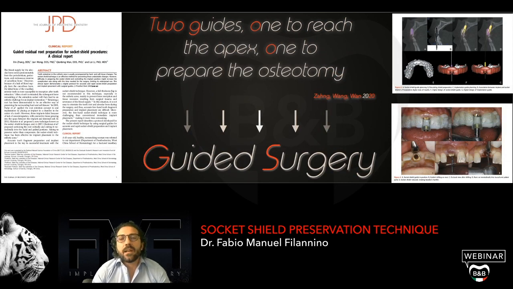One important thing to say, to avoid all the complications that we can have during this technique, is guided surgery. In this article of 2020, we can see that we can actually use two surgical guides. One is to reach the apex and maybe go through the apex, especially if the apex is not close to the buccal aspect, so the inclination of the root is not too much buccally.